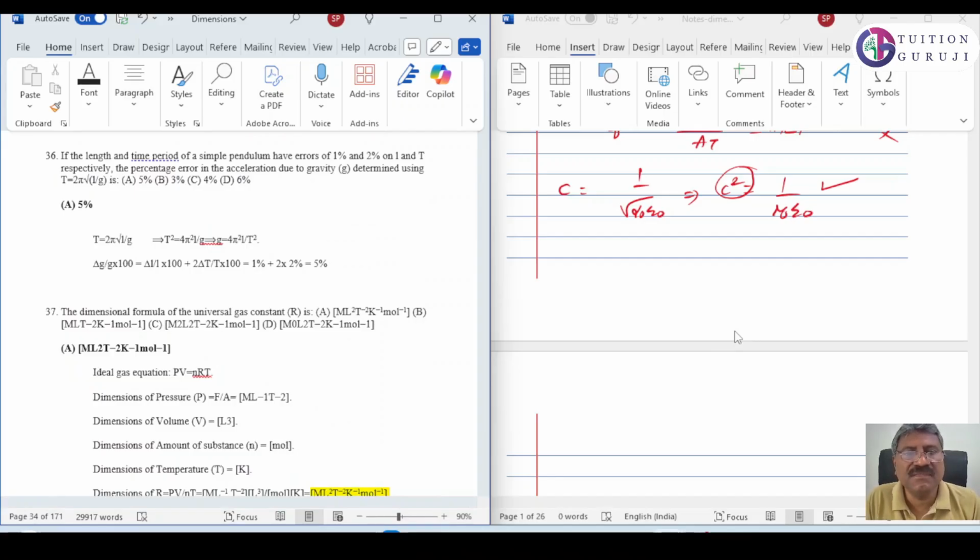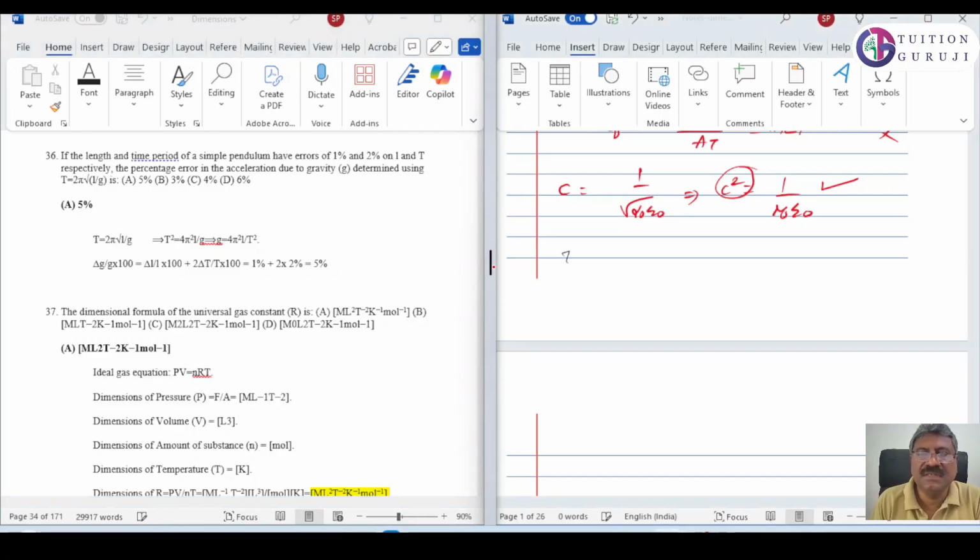Now the length and time period of a simple pendulum have errors of 1% and 2%. Length has an error of 1%, then time period has an error of 2%. Then the percentage error in the acceleration due to gravity g, determined using T is equal to 2 pi root of L by g. So T is equal to 2 pi into root of L by g.